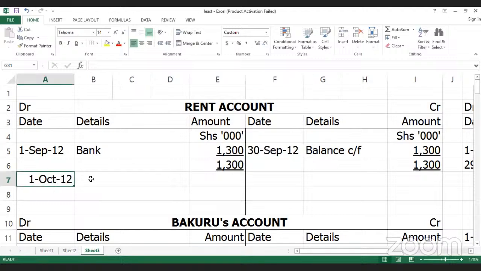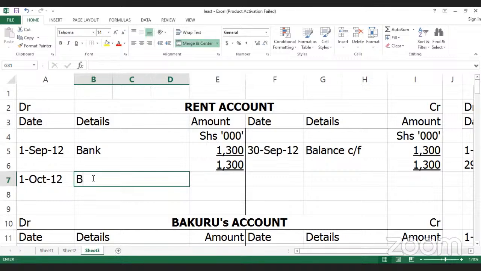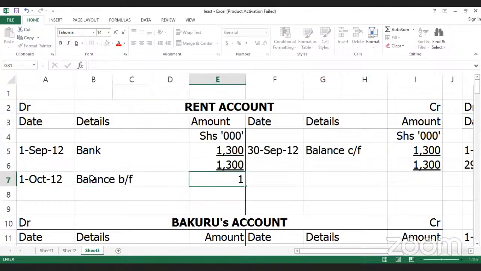It means that in that month, we have balance brought forward rent of 1,300. That is your rent account. We have balanced it off.